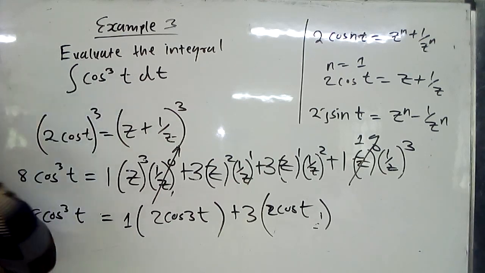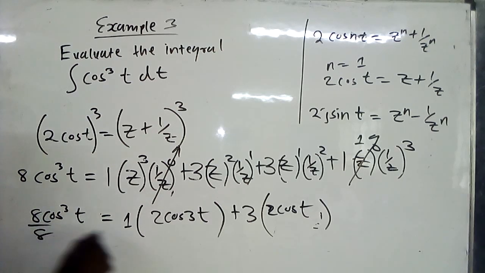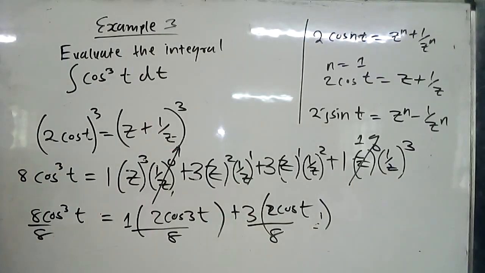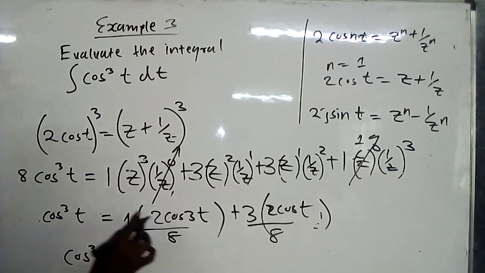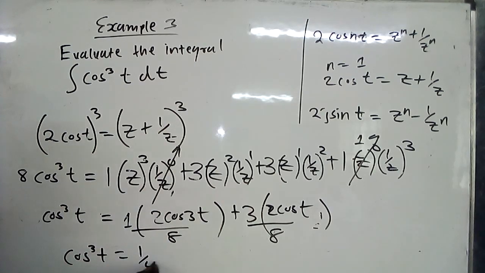Then what do you want? You want cos cubed t. So if you want cos cubed t, you remove the coefficient, isn't it? Meaning you divide both sides of the equation by 8. So if you divide both sides of the equation by 8, you've now ended up finding that cos cubed t is just 1 times 2 is 2, 2 divided by 8 is 1 over 4 cos 3t.